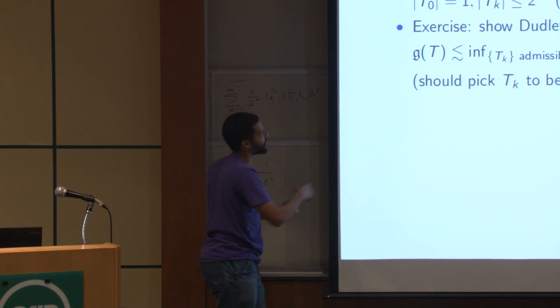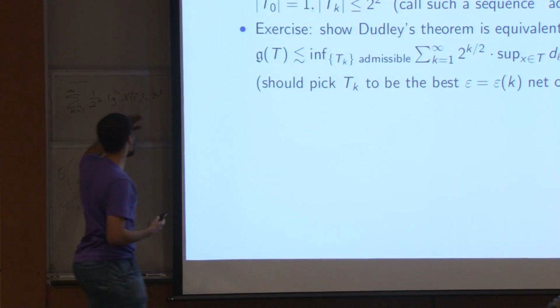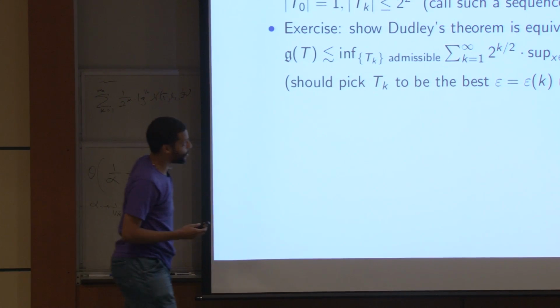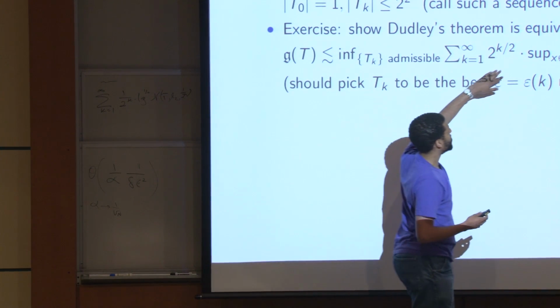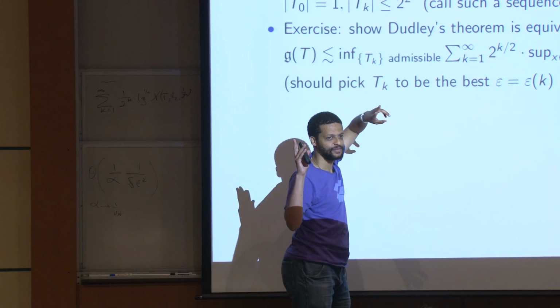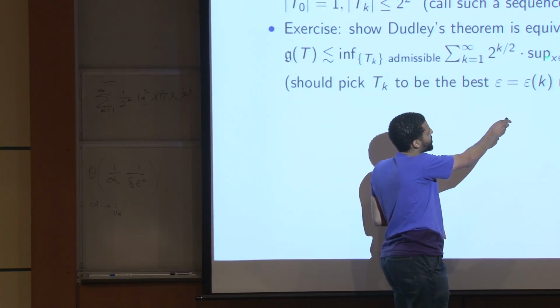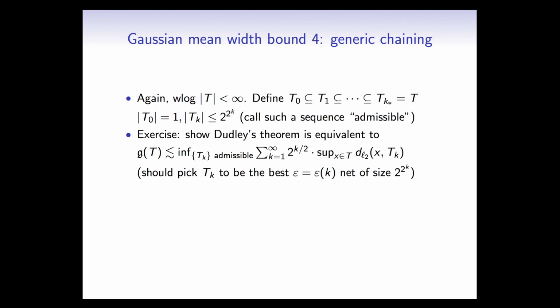So that's square root log the size of Tk. That looks a lot like that. And what's really happening here is, at first I give you very few points in your net. First of all, in this formulation, if I'm trying to minimize this expression, then Tk should be the best net I can make with 2 to the 2 to the k points, right?